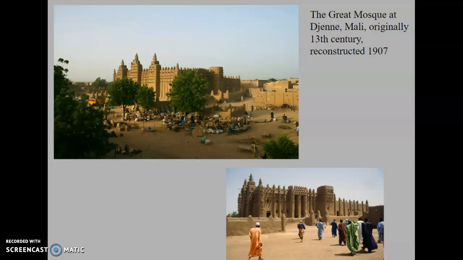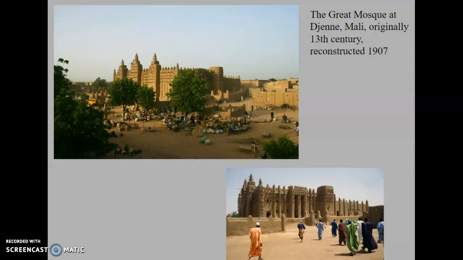However, in 1907, the building was rebuilt again by French colonial authorities. This rebuilding was somewhat problematic, as they did use coercive and forced labor practices to rebuild the building. But today, the Great Mosque at Jenne is a community-supported endeavor.